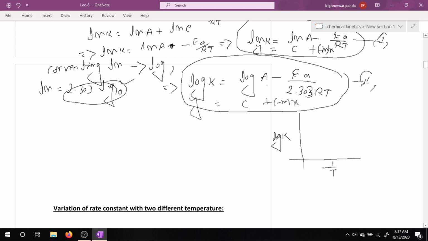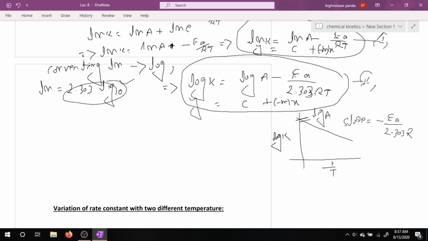That is also the equation of a straight line, with intercept log A, and the slope is negative, -Ea/2.303R. So these are all regarding the Arrhenius equation.